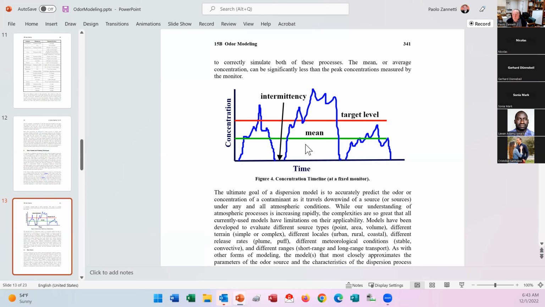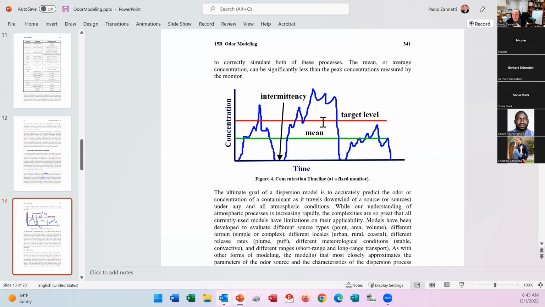And the model, like AERMOD, will simulate 1 hour average concentration, so the mean within the hour. But the mean is not the value causing the odor. The odor threshold may be the red line, and anytime the concentration is above the red line, I smell something.